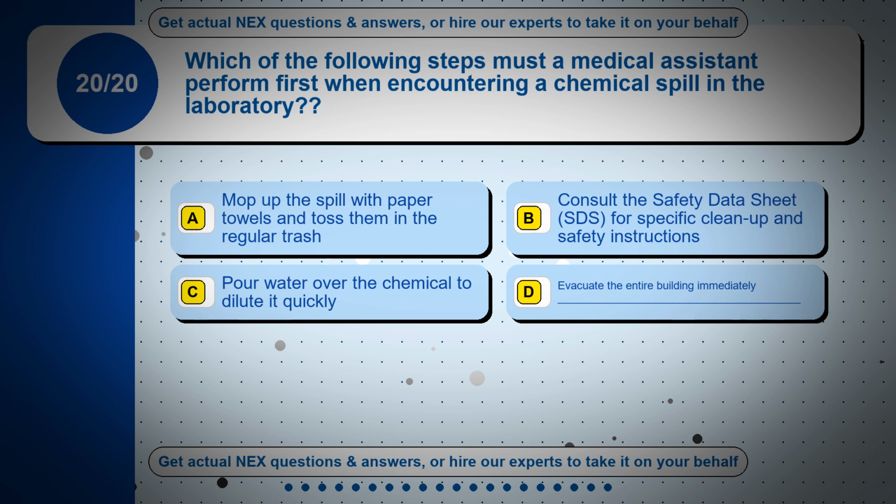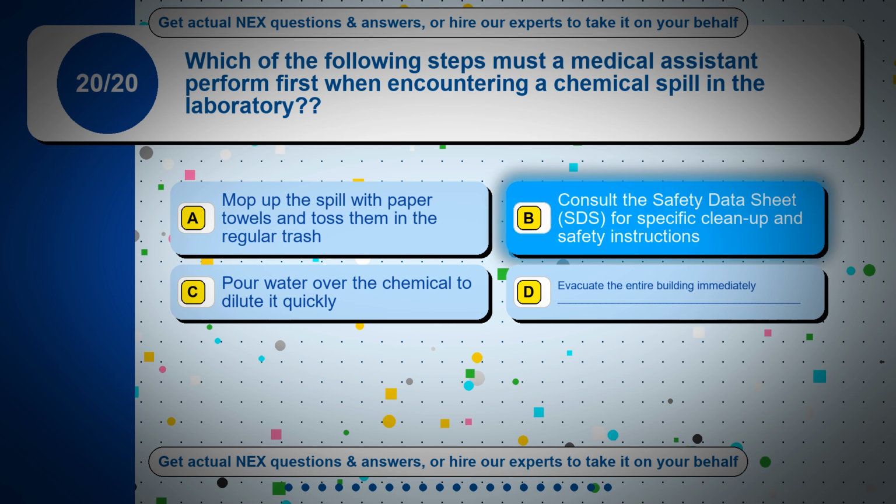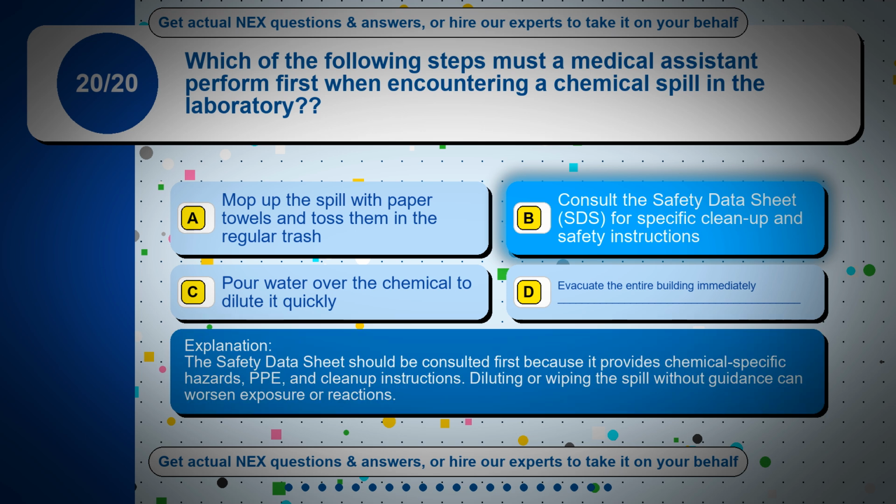Option D, evacuate the entire building immediately. The correct answer is option B, consult the safety data sheet, SDS, for specific cleanup and safety instructions. The safety data sheet should be consulted first because it provides chemical-specific hazards, PPE, and cleanup instructions. Diluting or wiping the spill without guidance can worsen exposure or reactions.